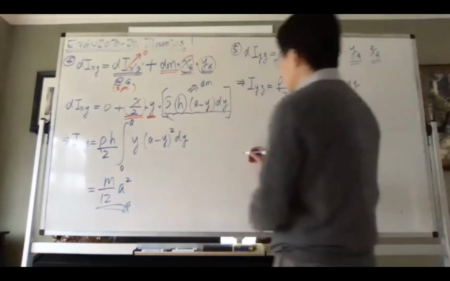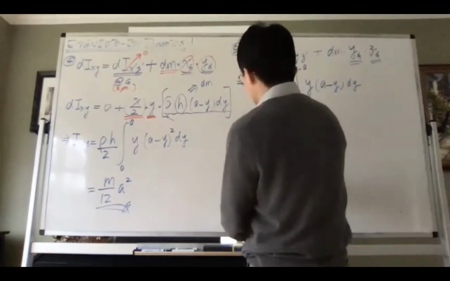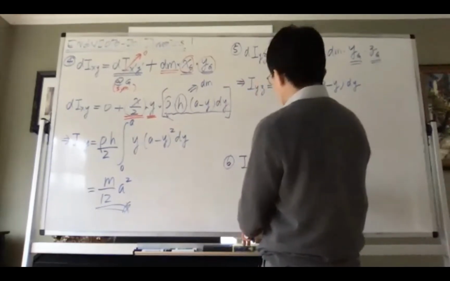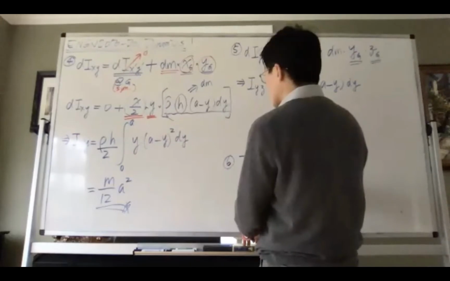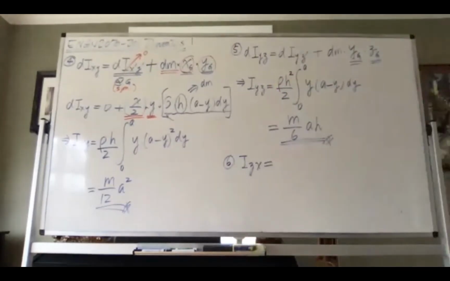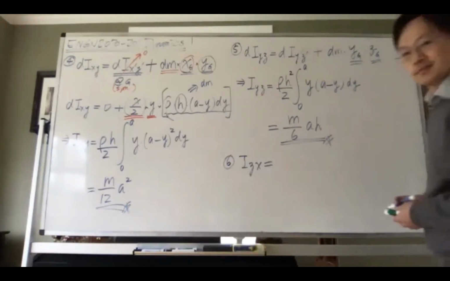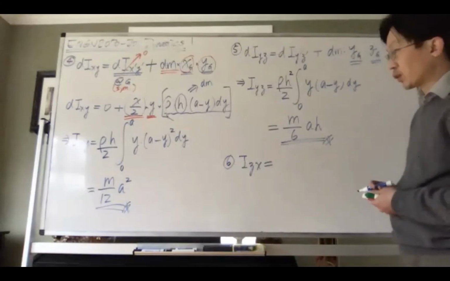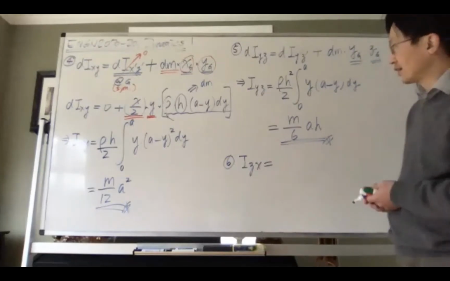Now, what about Izx? What do you think? Can we use the property of symmetry to find it?